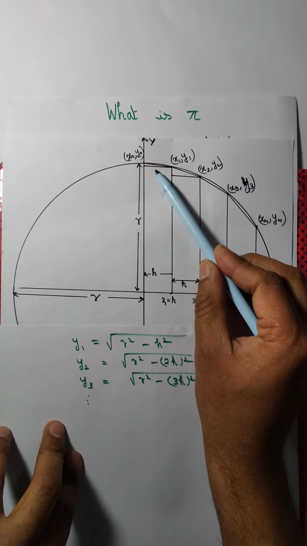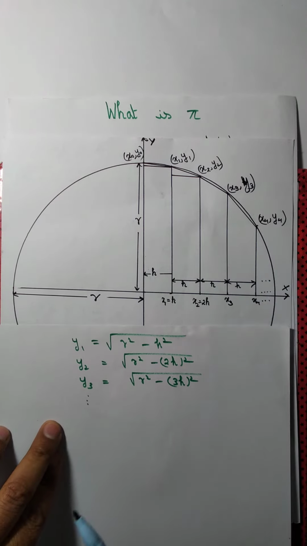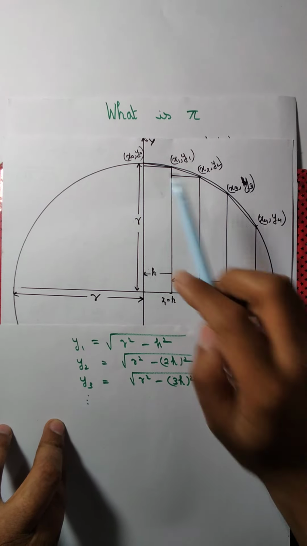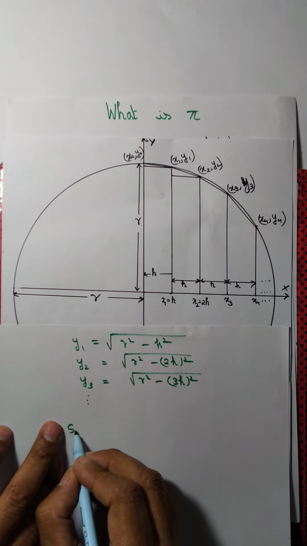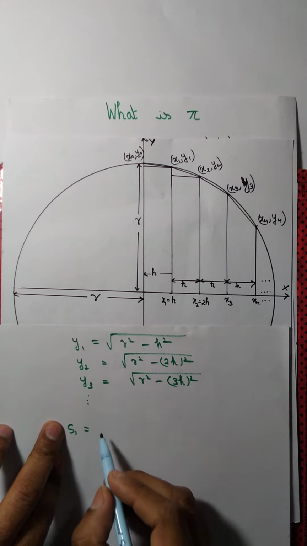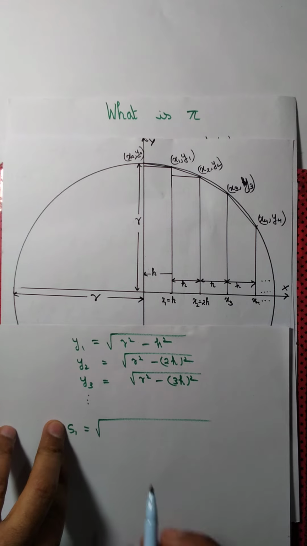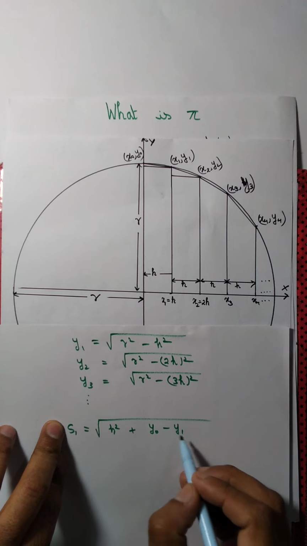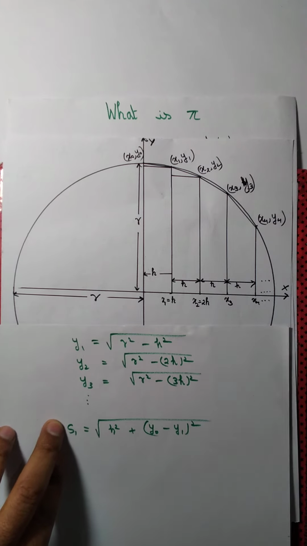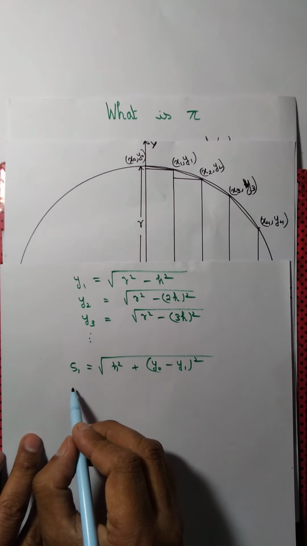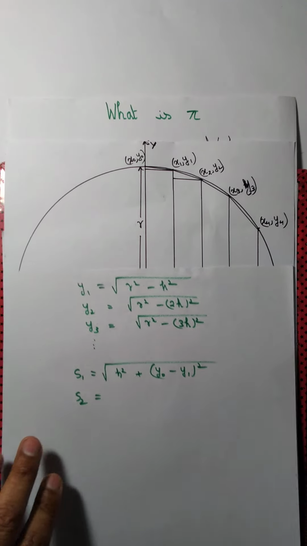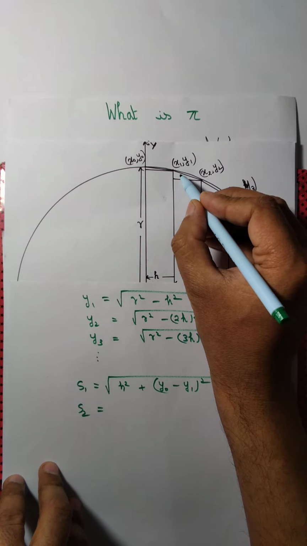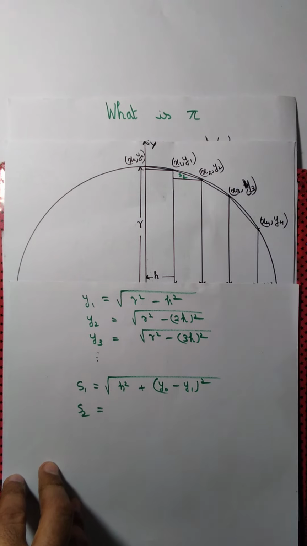Let this be S1. So let this small straight line be of length S1. So S1 equal to root over h square plus y0 minus y1 whole thing square. Then similarly S2, the length of the slanted line, be S2.